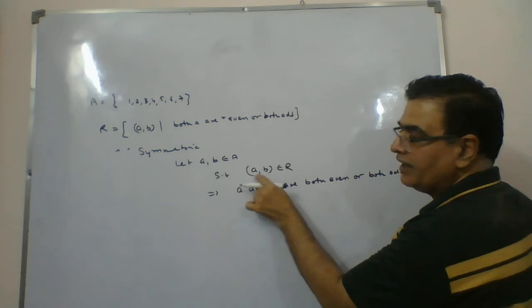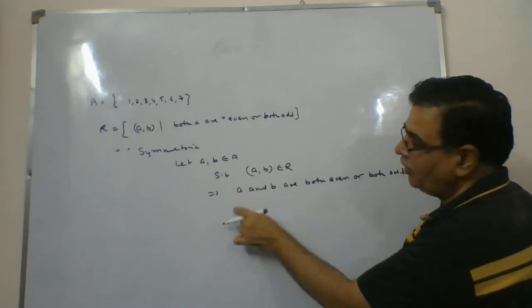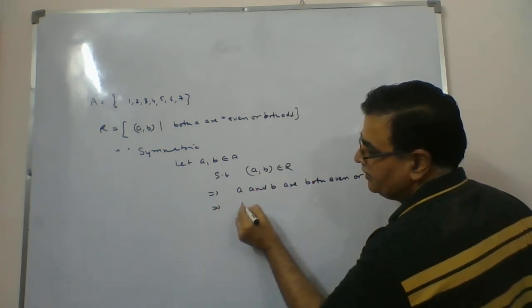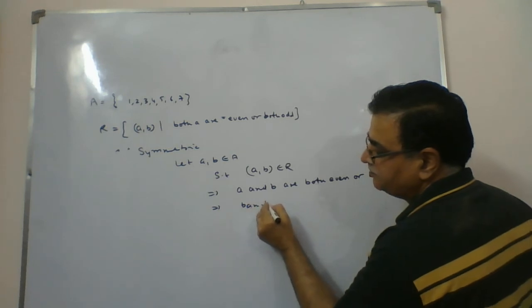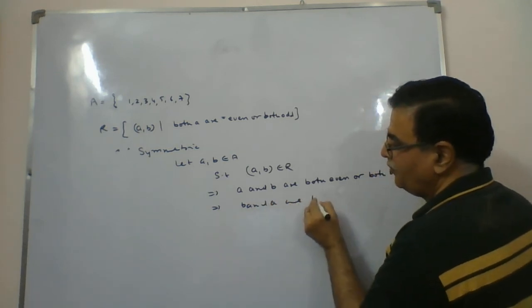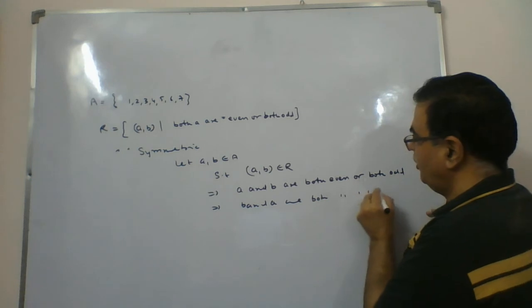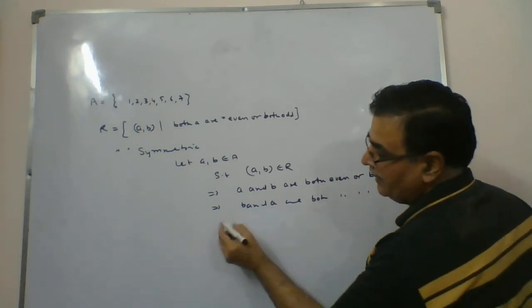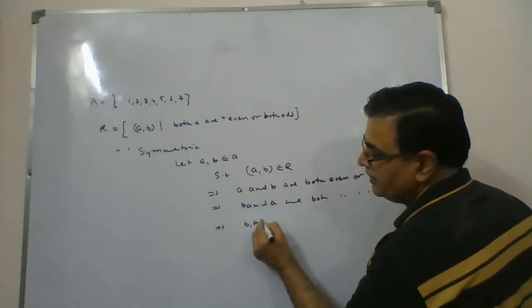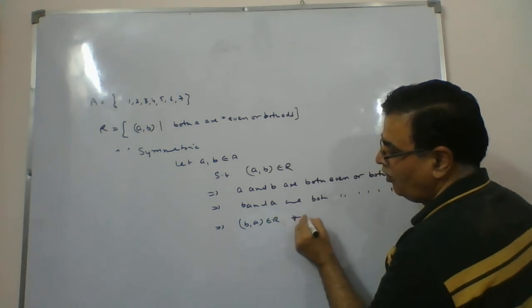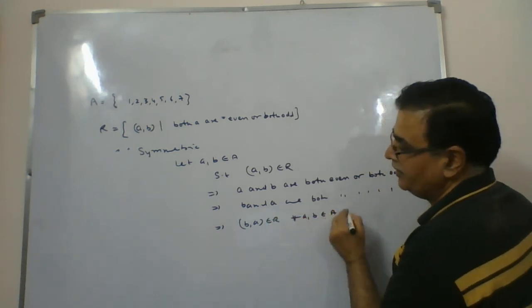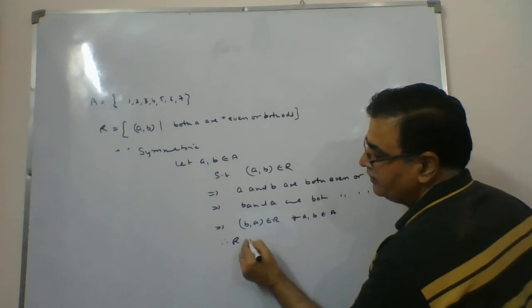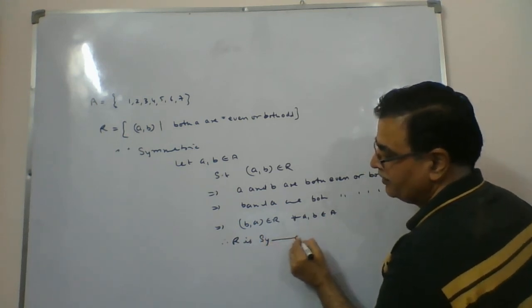A and B, if they are related, means either they are both even or both odd. What does it mean? B and A are both even or odd. And this implies (B, A) belongs to R for all A and B belonging to set A. Therefore, R is symmetric on A.